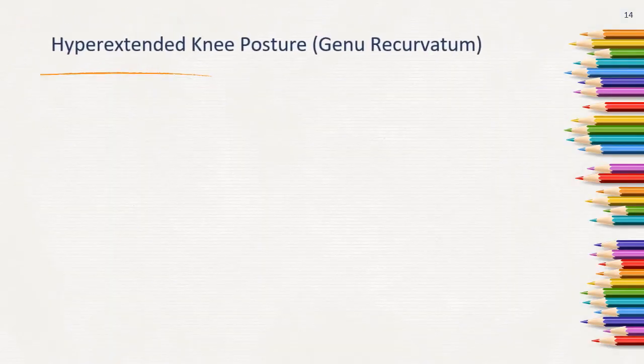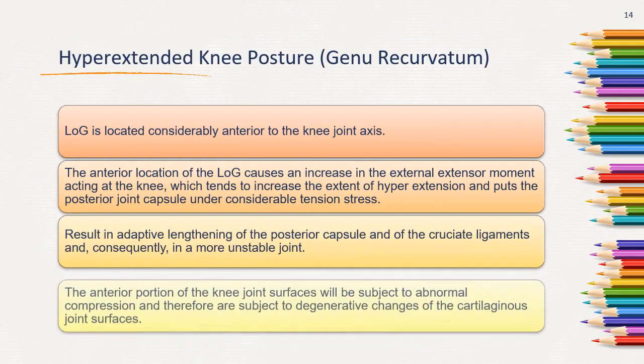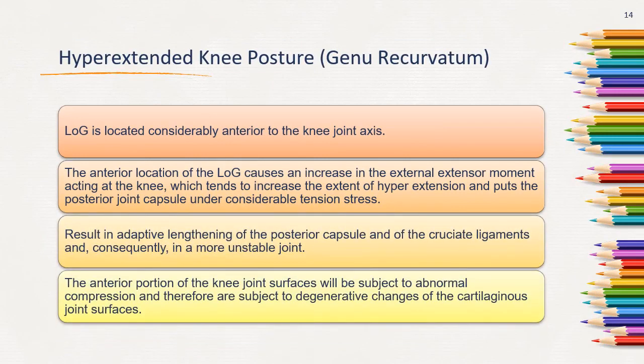Second, the hyperextended knee posture, whose other name is genu recurvatum. In this, the line of gravity is located considerably anterior to the knee joint axis. As a result, there will be an increase in the external extension moment acting at the knee joint.